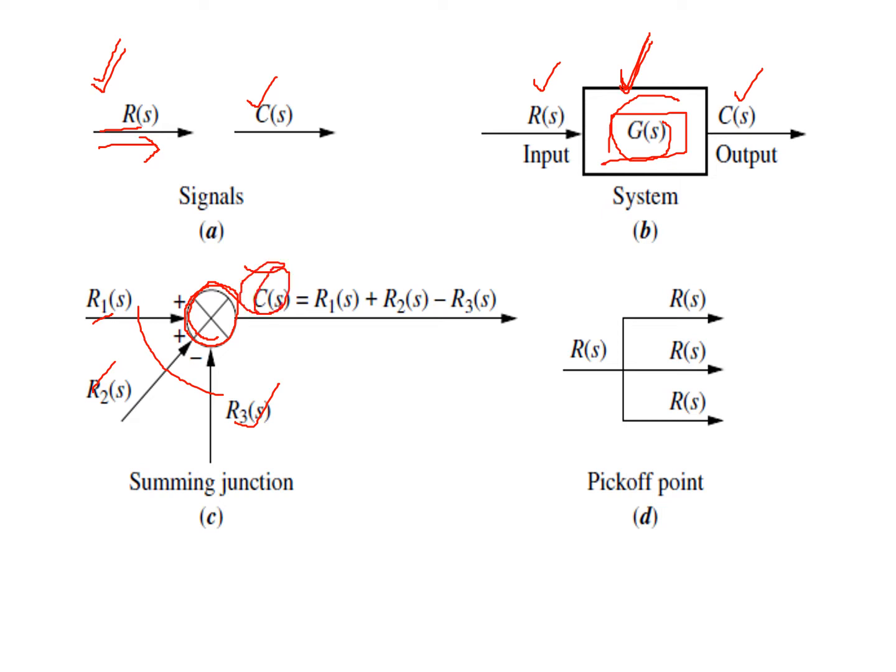Here the output is the summation of these three signals. Similarly, the pick off point is the point from which the outputs are taken; R of S is divided at this point, and that is the pick off point. And this is the representation of the major blocks in the block diagram.